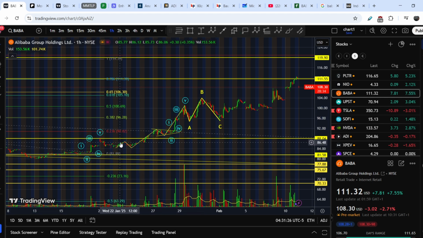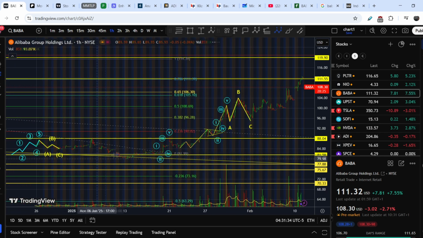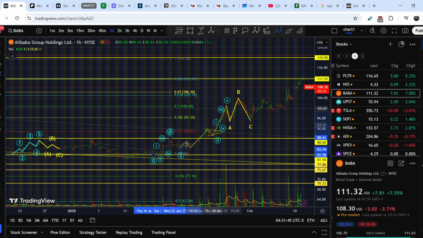This means, guys, we have a 1-2-1-2 setup. From this swing low, not from the lowest point, not from the $80 mark, we have this breakdown as our first wave. This is our second. This entire wave, 1, 2, 3, 4, 5, is the third wave. This is the fourth, and this is the fifth wave.